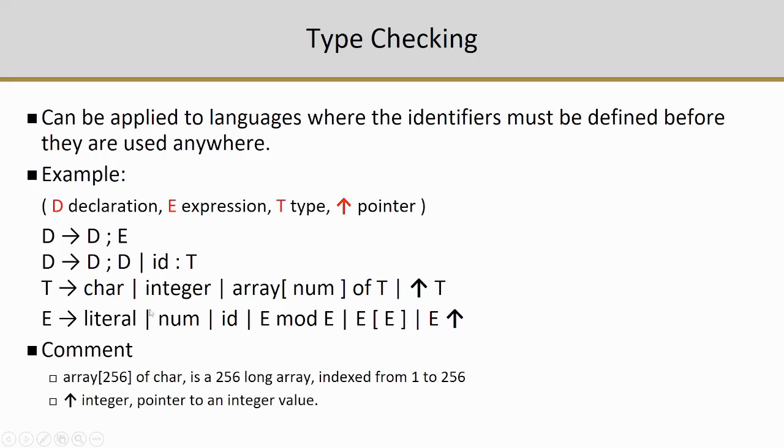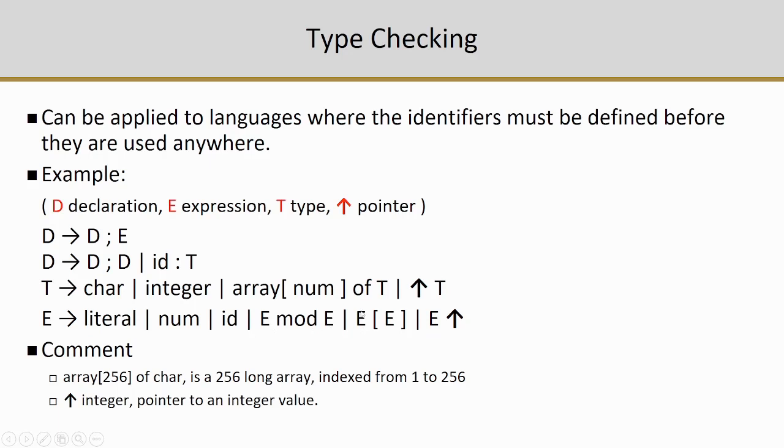And if we have constant literals, there could be a series of characters, numbers. We can have identifiers as expressions, and we can write arithmetic expressions like an expression modulo another expression.